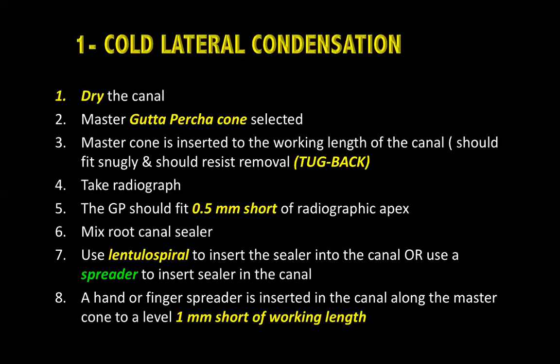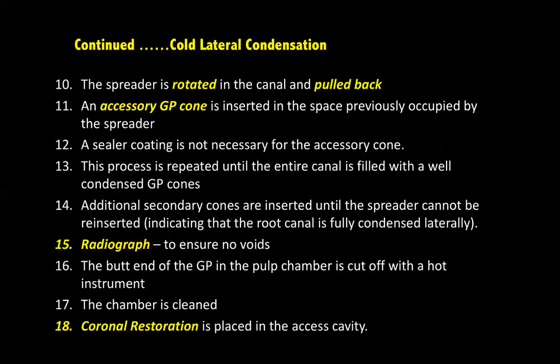The silicon stopper is adjusted at 1 millimeter short of the working length. So if the working length was 20, the finger spreader will be adjusted at 19. Then the spreader is rotated and pulled out of the root canal system.